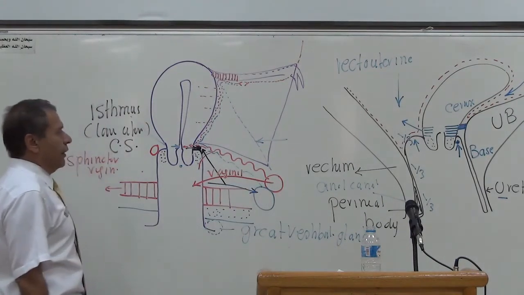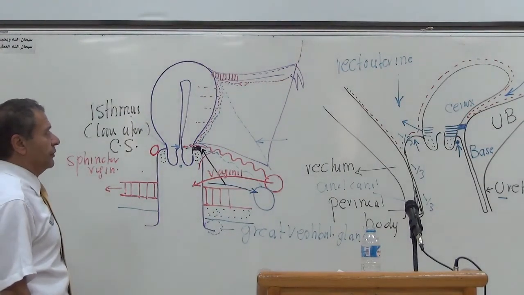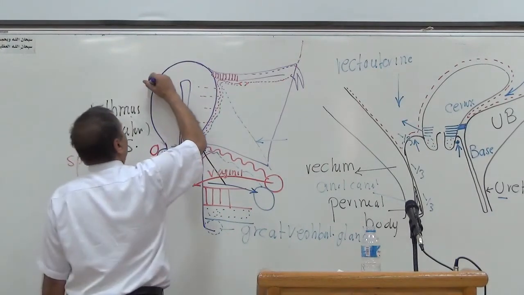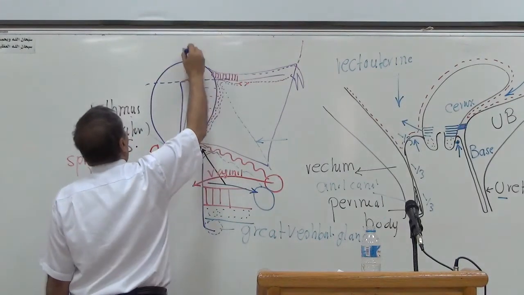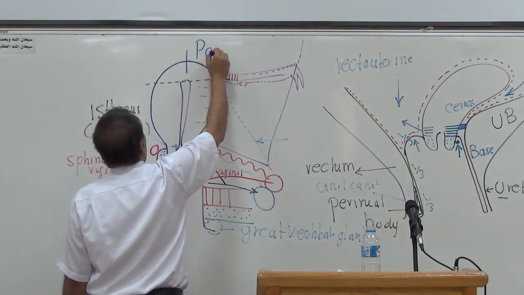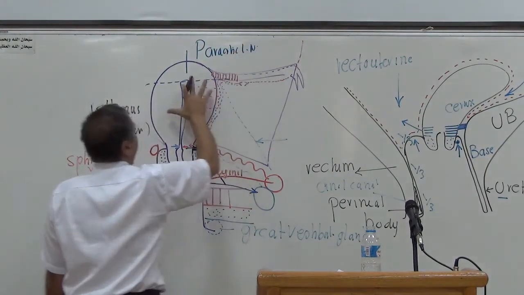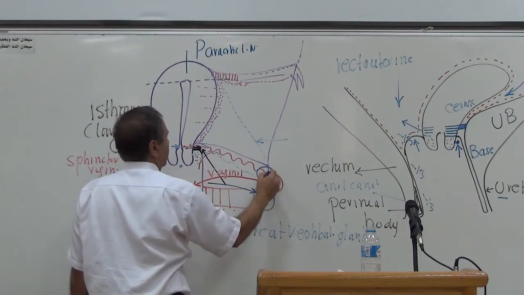Concerning the lymphatic drainage, it's important. The fundus of the uterus, which is the part above the level of the uterine tube, goes to the para-aortic lymph nodes. The body of the uterus goes to the internal iliac lymph nodes.